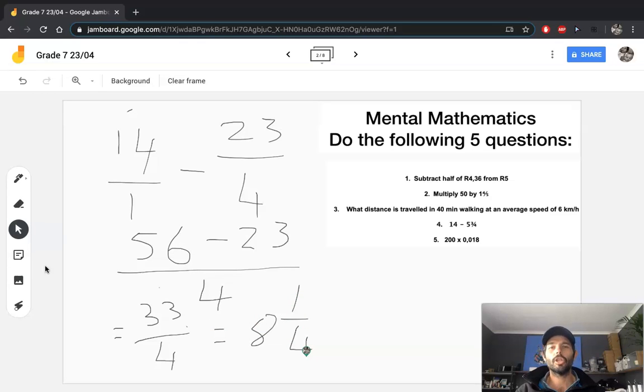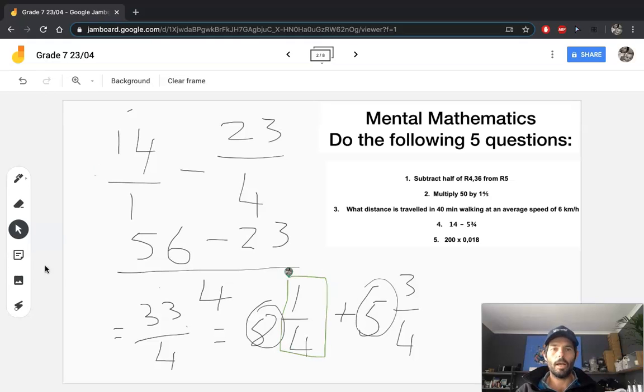So how can I check this? If I add 8 1/4 to 5 3/4, I need to get 14. I should be able to recognize that 8 and 5 is equal to 13, and then the 1/4 and 3/4 gives me my other whole, which ends up as the 14.